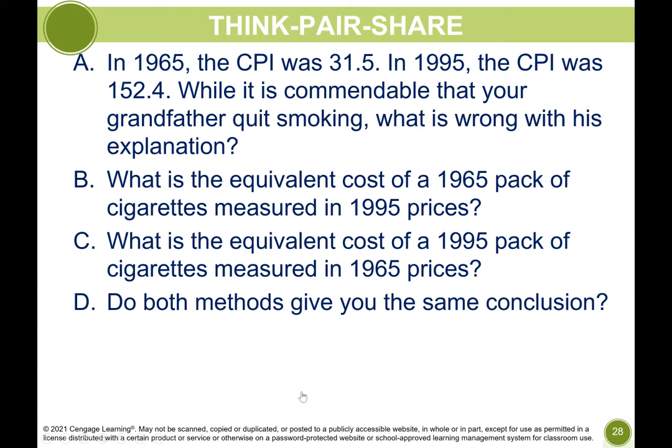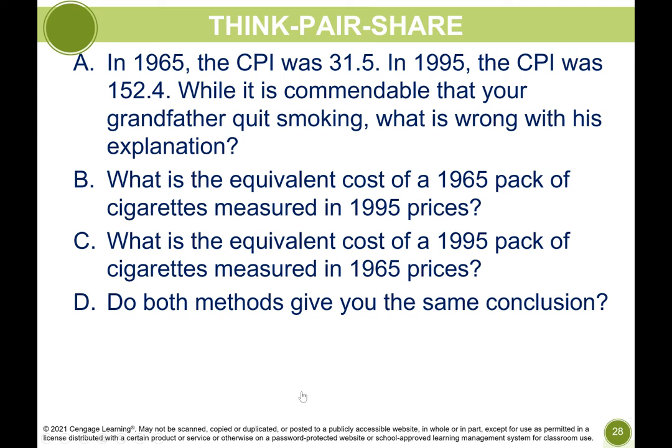Number A, in 1965, the CPI was 31.5. In 1995, the CPI was 152.4. While it is commendable that your grandpa quit smoking, what is wrong with his explanation? Number B, what is the equivalent cost of a 1965 pack of cigarettes measured in 1995 prices?